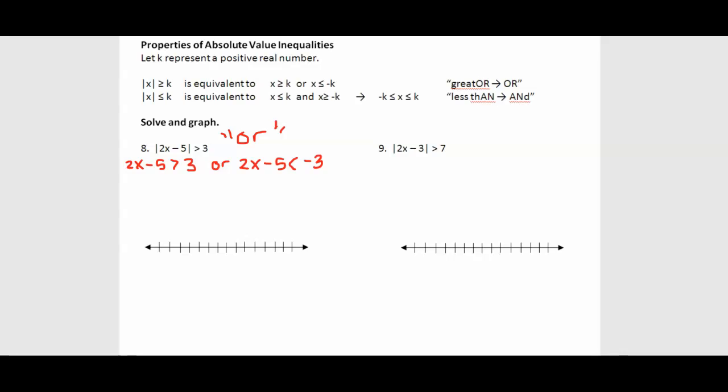So now the absolute value inequality became two inequalities. These are "or" inequalities, so our solutions will probably go in opposite directions. They're both open circles, so I'm going to solve for x in each case. I get x is greater than 4 or x is less than 1.